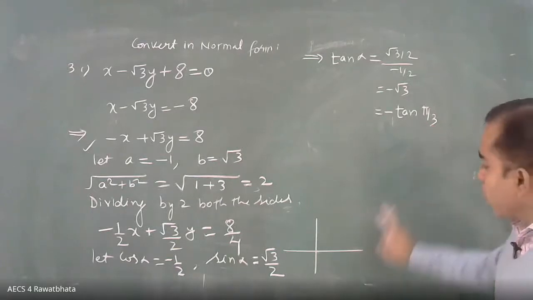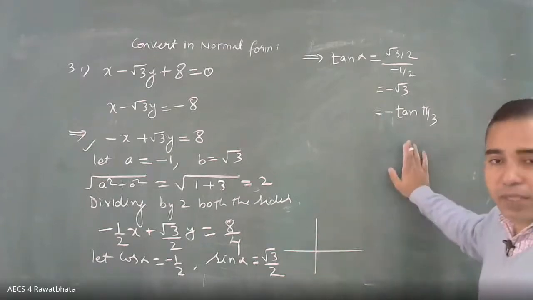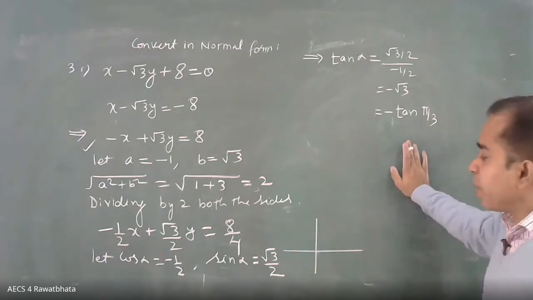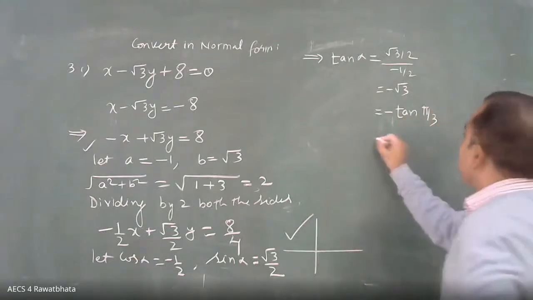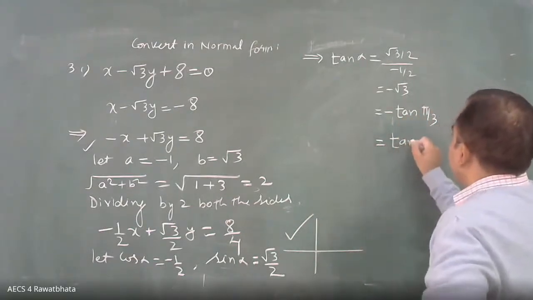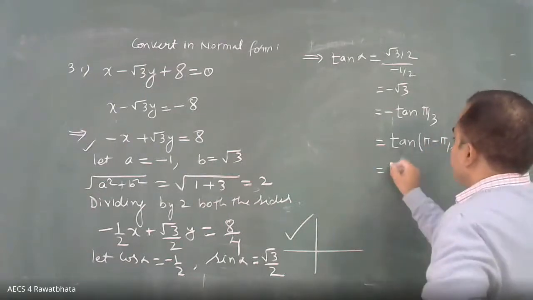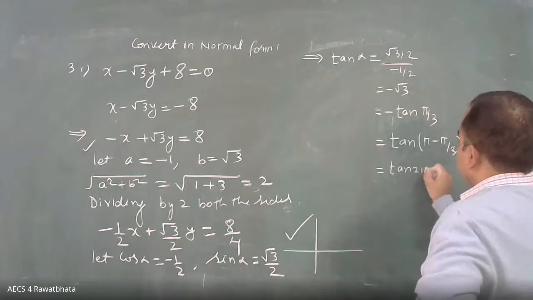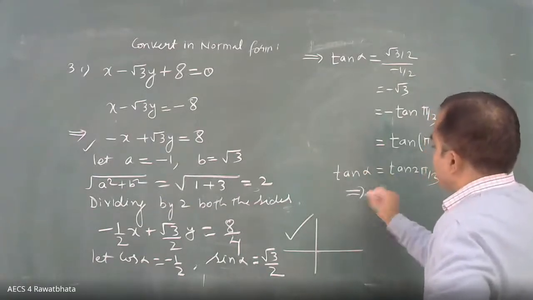Minus pi by 3 will go in fourth quadrant, pi minus pi by 3 will go in second quadrant. तो डिपेंड करता है कि आपकी रिक्वायरमेंट क्या है. मेरी रिक्वायरमेंट है कि cos नेगेटिव sin पॉजिटिव, I want my angle in second quadrant. So I will write it as pi minus pi by 3, which means 2 pi by 3. It means that alpha is 2 pi by 3.